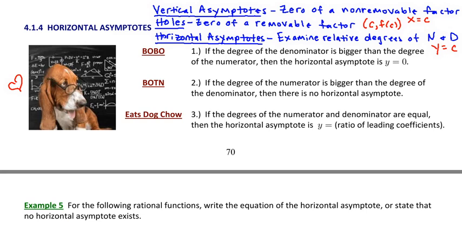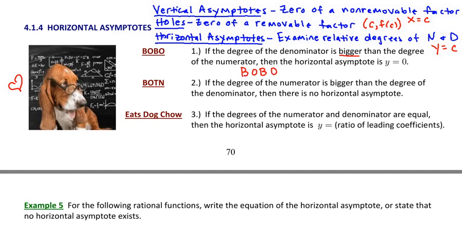Number one, if the degree of the denominator is bigger than the degree of the numerator, then the horizontal asymptote is y equals 0. So notice the degree of the denominator is bigger than the degree of the numerator. We can say it's bigger on bottom, then the equation of the horizontal asymptote is y equals 0.